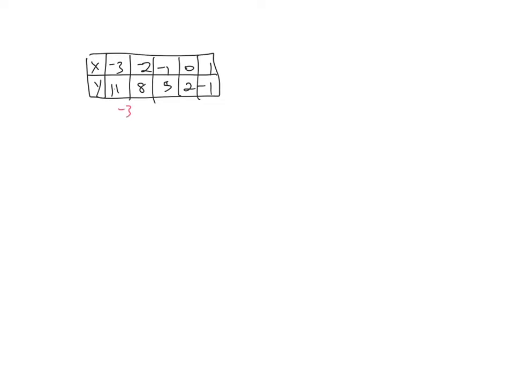11 minus 3 is 8. 8 minus 3 is 5. 5 minus 3 is 2. 2 minus 3 is -1. Okay, so it subtracts 3 each time. All right, so adding or subtracting means linear.